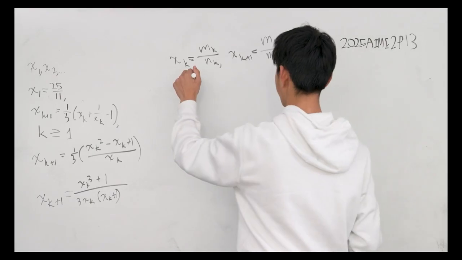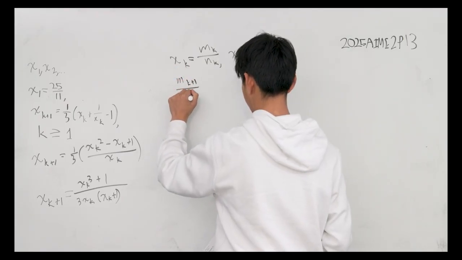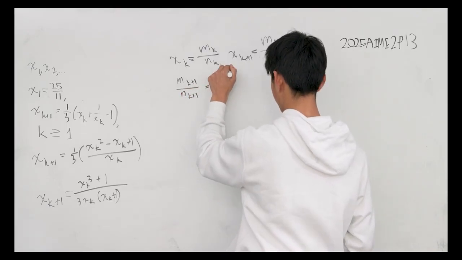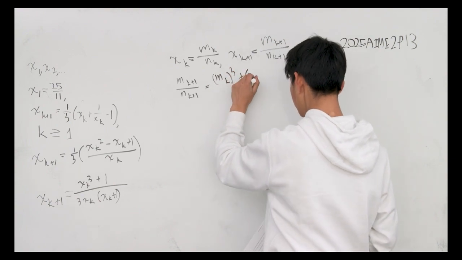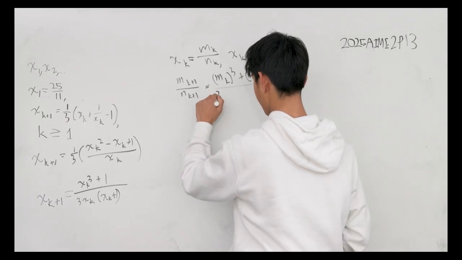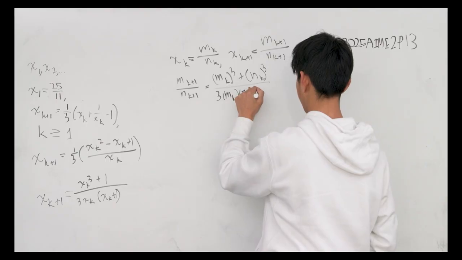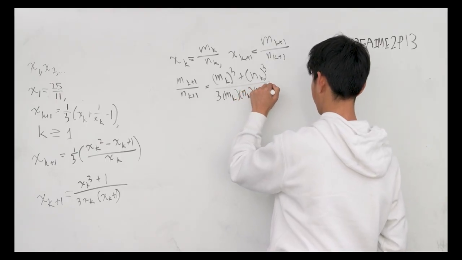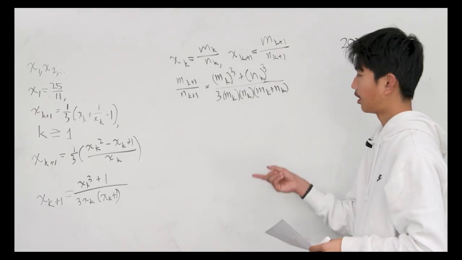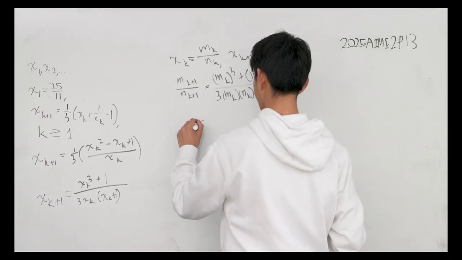Plugging it into here, m sub k plus 1 over n sub k plus 1 is equal to m sub k cubed plus n sub k cubed over 3 times m sub k, n sub k, and m sub k plus n sub k.